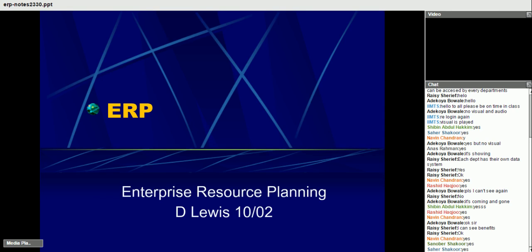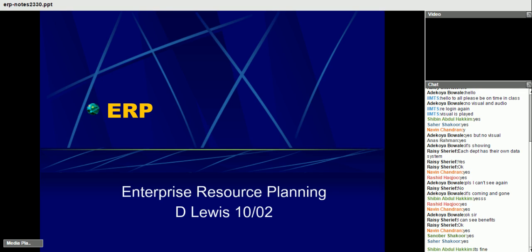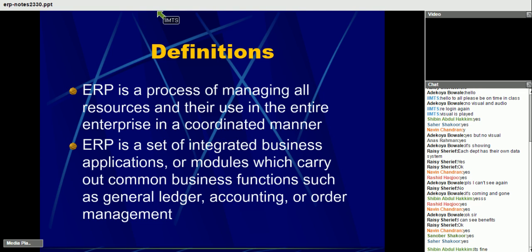Moving ahead now. ERP is a process of managing all the resources and their use in the enterprise in a coordinated manner.